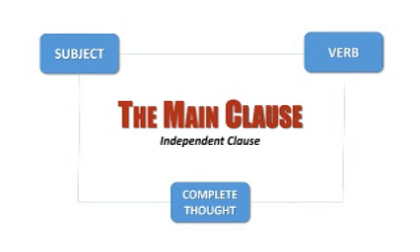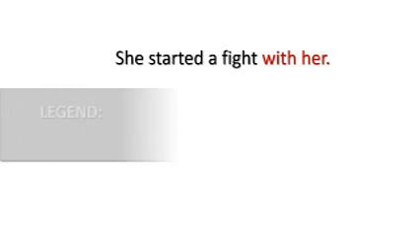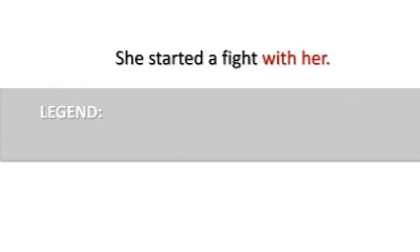A main clause, like other clauses, has its subject and its verb, but it must also have a complete thought. That is why it is also called an independent clause. An example of a main clause is this: She started a fight with her. To check if it is really a main clause, we need to find the subject and the predicate.